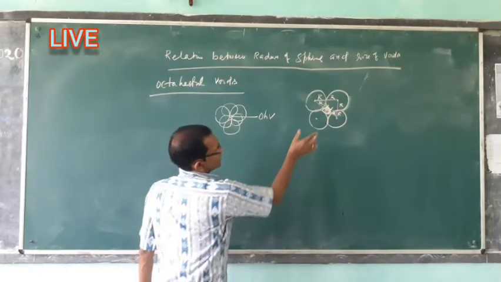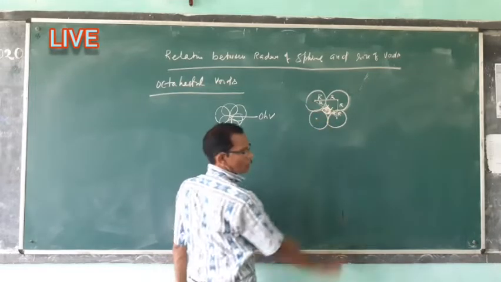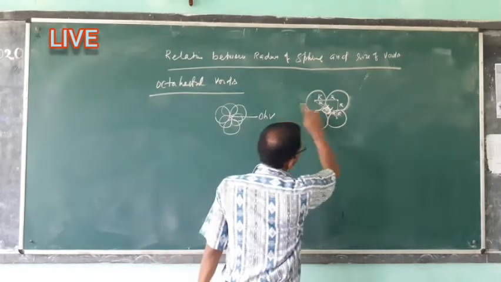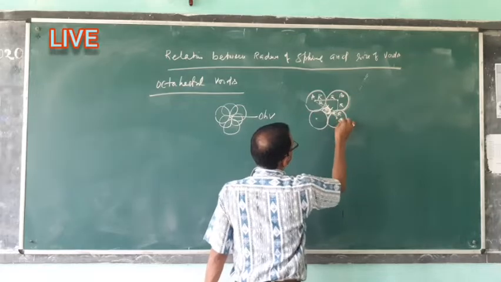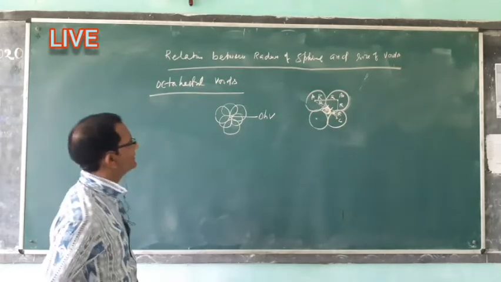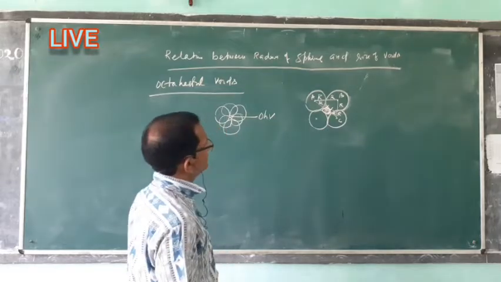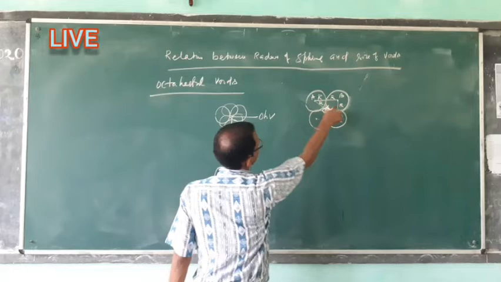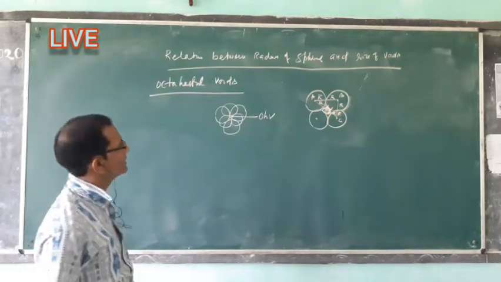That means if you draw the line, here three spheres are coming in contact. So this is A, this is B, this is C. Then let us derive a relation. We know this is an example of a right angle triangle.